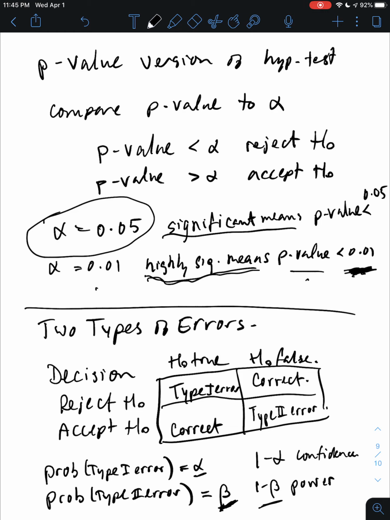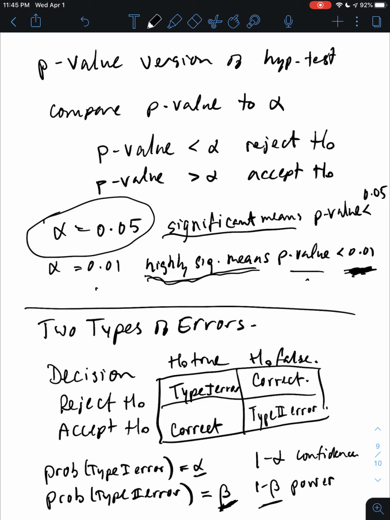So I just wanted to mention that because you should know about the concept, that it exists. To calculate beta is very hard. You really have to use computers to do it anyway. So I'm not going to go into any detail about that.